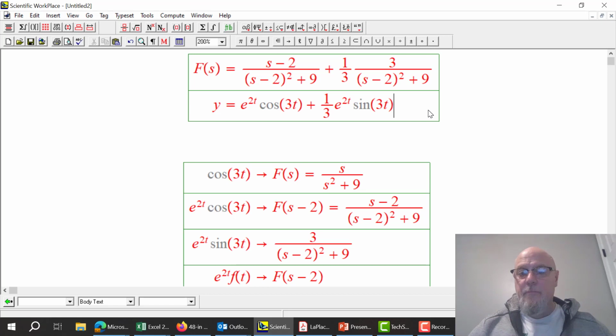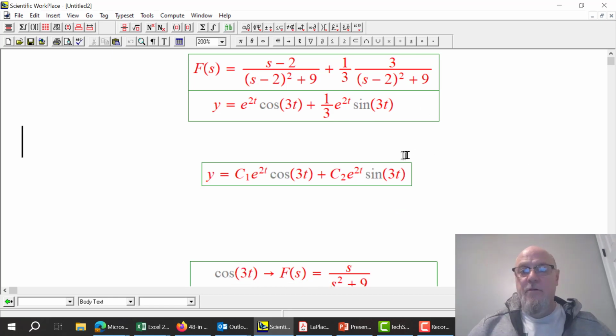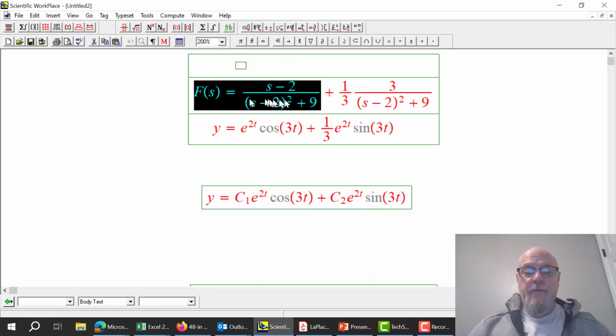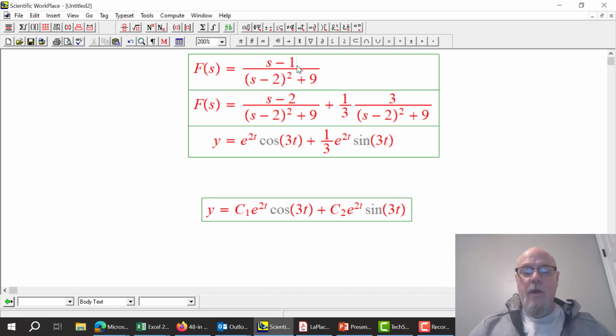Now I've taken the inverse Laplace, and this matches what I thought we would get, right? There was a constant here, c1, I guess the c1 is 1, and a c2, I guess the c2 is a third. This matches what I thought I would get. c1 must be 1, c2 must be a third. So what does that mean for us? The original thing that I had to unLaplace was s minus 1, and then this was all expanded out because we had to complete the square.